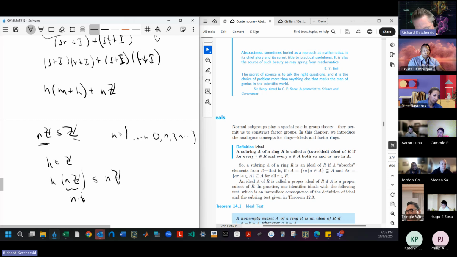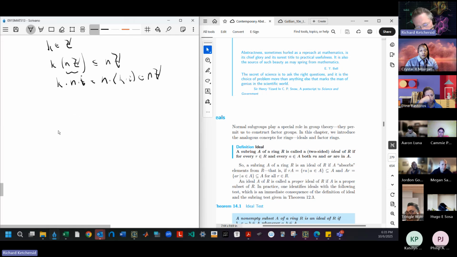So I do k times n times i, and that's the same as n times k times i. And that's definitely in nZ. I don't need to check the two-sidedness because this is a commutative case, so I don't have to worry about checking both sides. So nZ is an ideal.